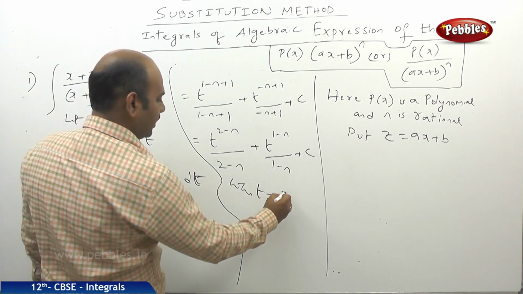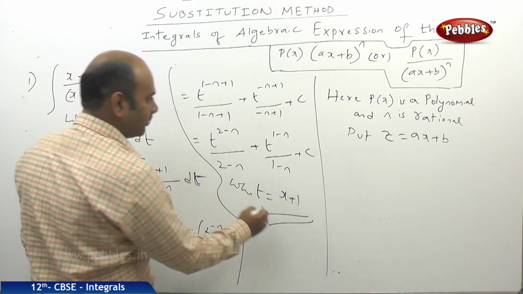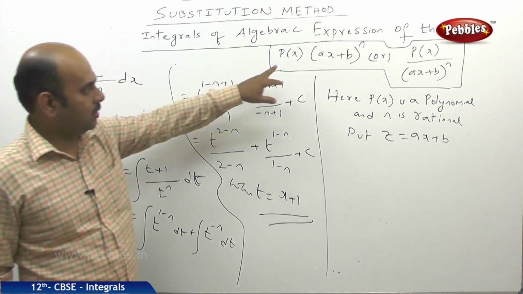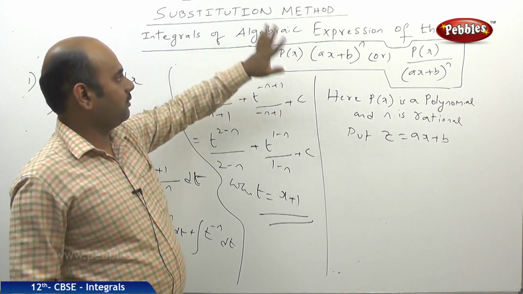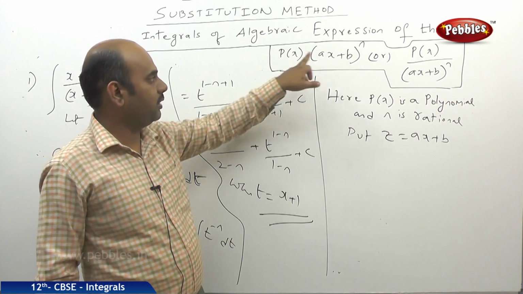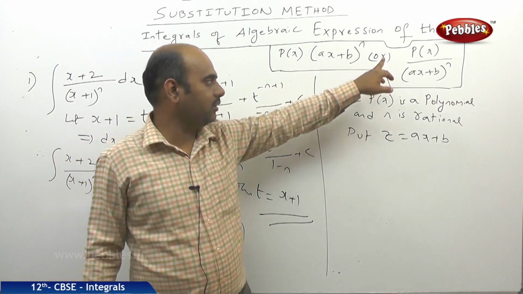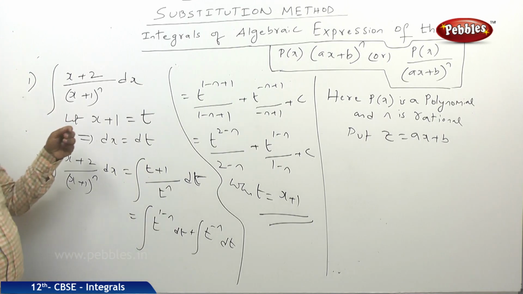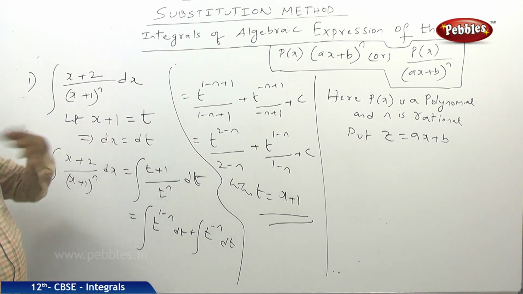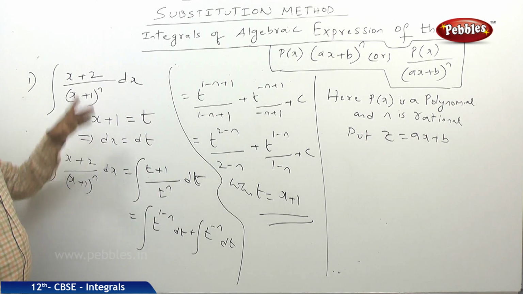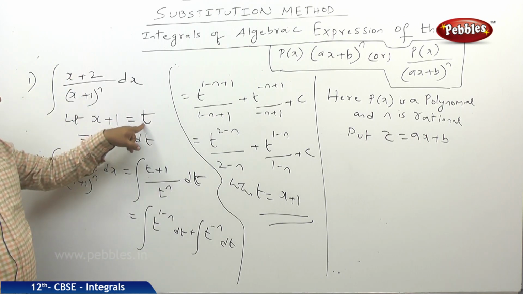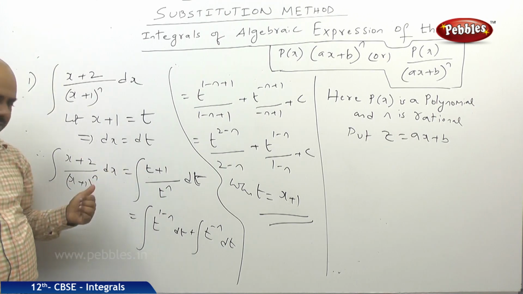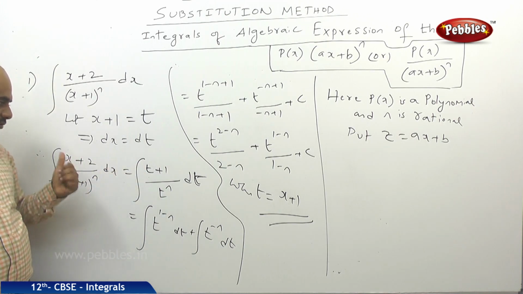we consider it as x plus 1. So once again I am repeating, whenever we come across integral of algebraic expression of the form p of x into ax plus b whole power n, or p of x by ax plus b whole power n, just you need to put z is equal to ax plus b, or that is up to your convenience, but in the problem I considered x plus 1 is equal to t, dx is equal to dt, and x plus 2 can be written as x plus 1 plus 1.